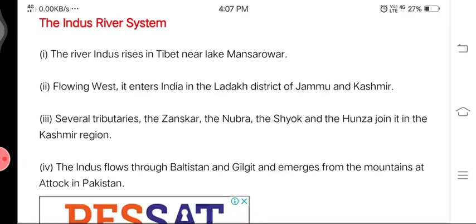It means that the river comes into India from the border of Kashmir and Tibet, and goes out from the border of Kashmir and Pakistan. It enters Pakistan.